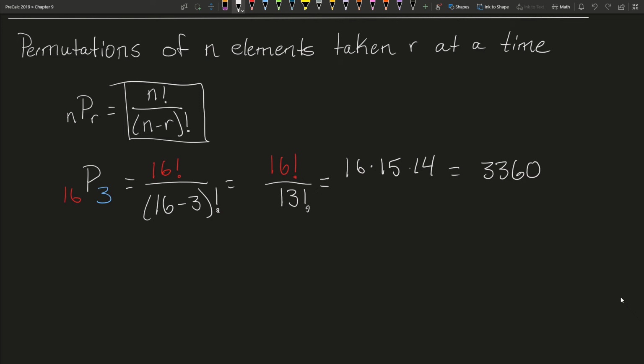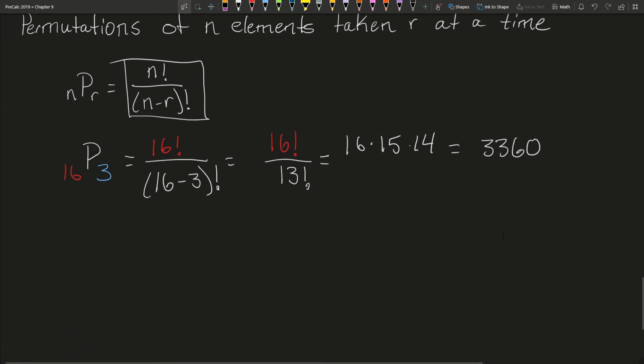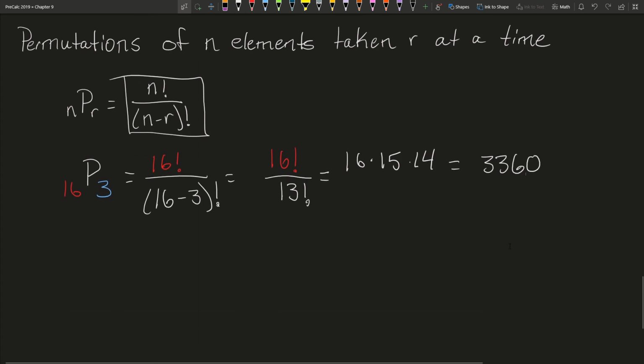Questions about that formula? Okay. And there is an equation for distinguishable permutations. We're going to save that for now.